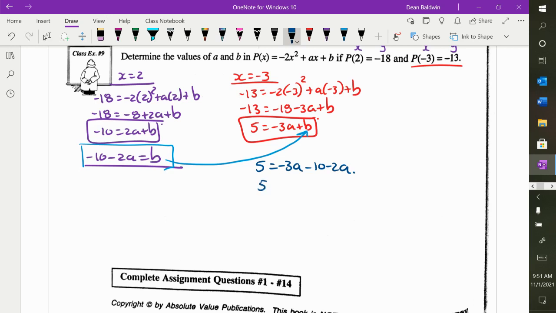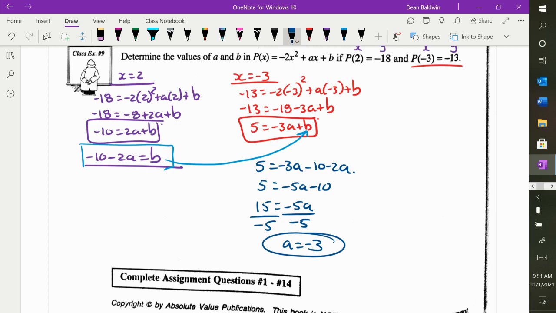Combine your like terms. Move the 10 over. A is negative 3. Oh, the 10, yes.